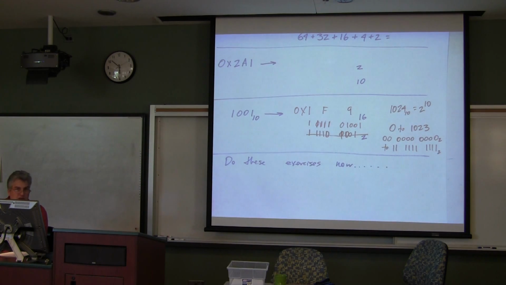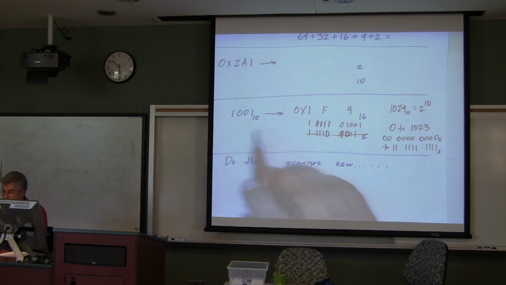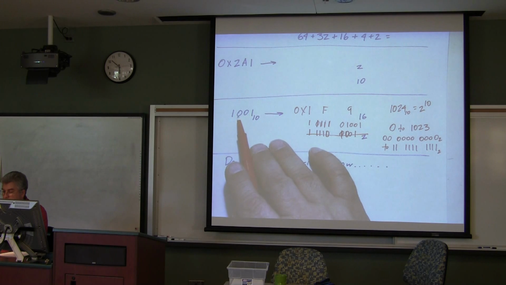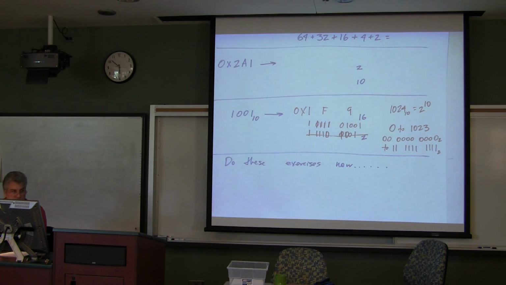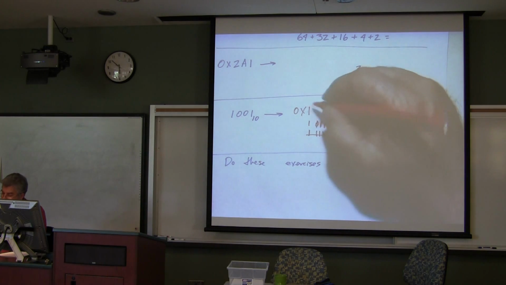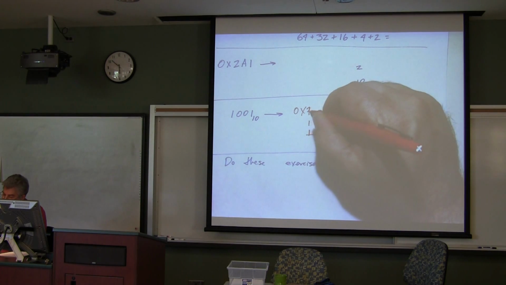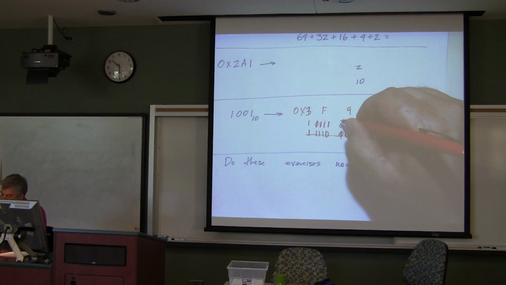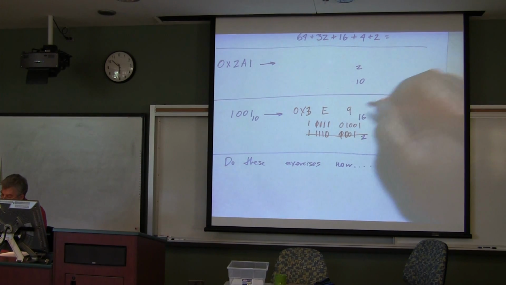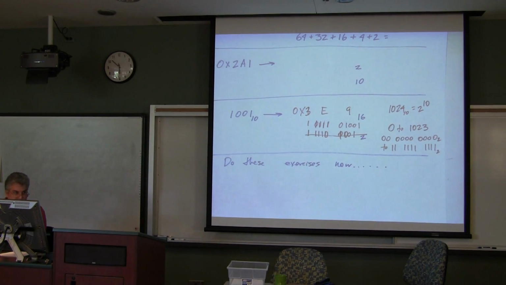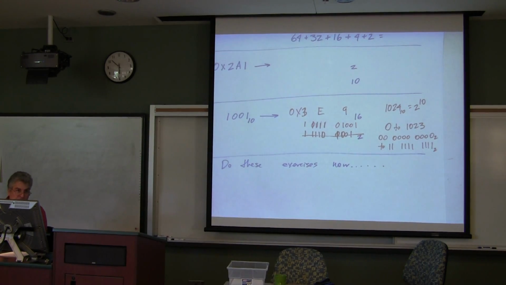So you need a total of 10 bits to represent the number 1001 in decimal. So this will turn out to be 3E9. It's got to be 9 because it's an odd number, right?